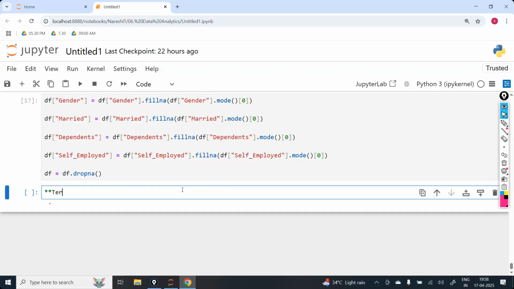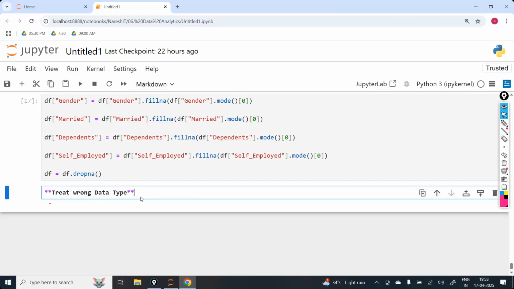Now, after treating the missing values, I'm going to treat wrong data types. Which columns are having the wrong data type now?